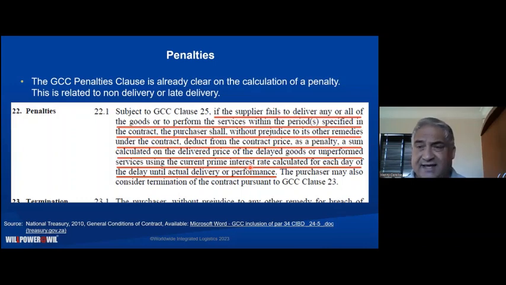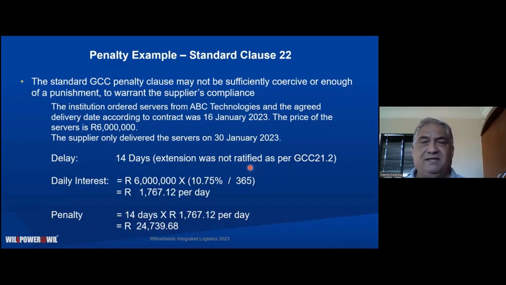Now that is there as a standard condition, as a general condition of contract. That particular provision might not be strong enough to ensure that the bidder delivers on time. For example, on a 6 million Rand contract, which is quite a bit of money, if there's a 14-day delay, that's a 24,000 Rand penalty.